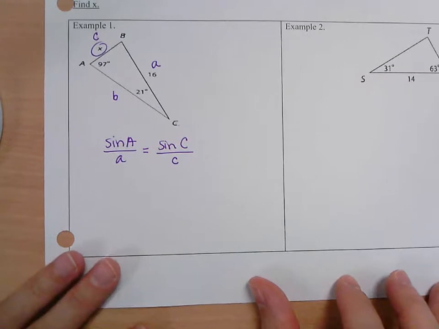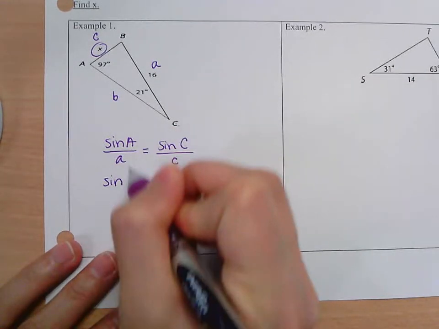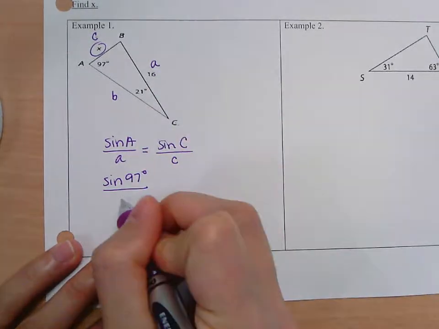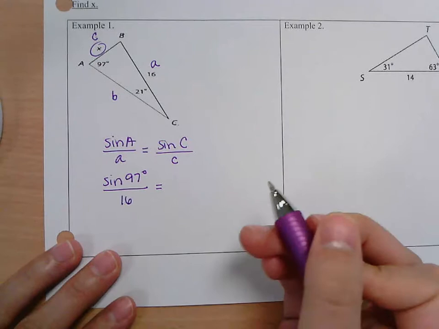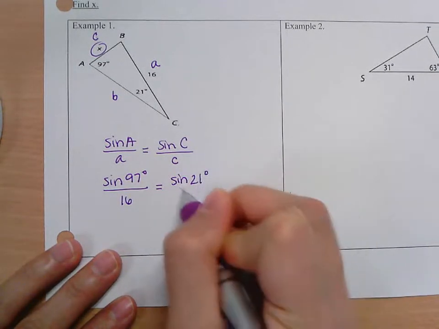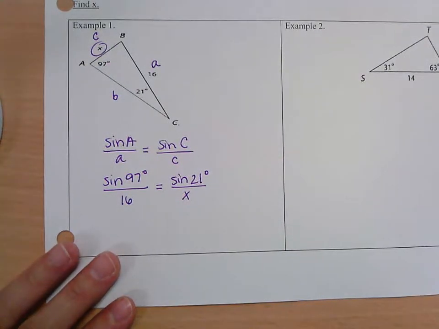And I can substitute in what I have. Sine of angle A, 97 degrees, over side a, 16, is equal to sine of angle C, 21 degrees, over side c, which I don't have. That's my x.